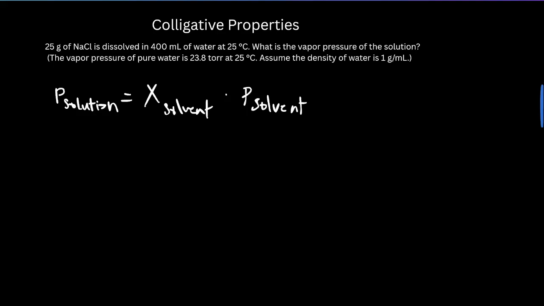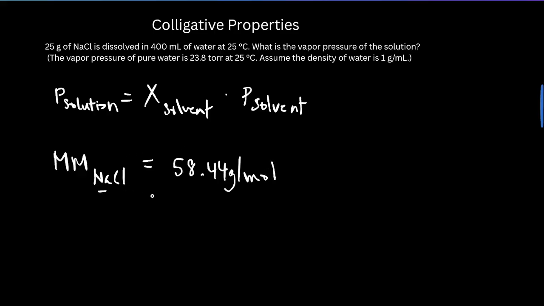To find the moles of NaCl, we need to first have the molar mass of NaCl. Again, this is a calculation that I did off screen. Trust me when I tell you that the molar mass of NaCl is going to be about 58.44 grams per mole. If you wanted to do this yourself, you would simply add the molar mass of sodium and chlorine together.